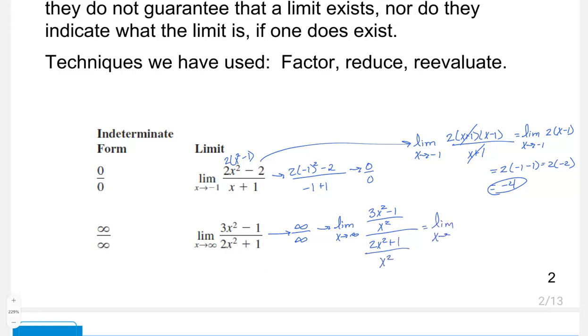And then we're going to reduce that. So we're going to have 3 minus 1 over x squared over 2 plus 1 over x squared. And we said as x gets larger and larger, both of those fractional pieces are going to 0. So this limit is heading to 3/2. So those were some tools that we talked about, but now we're going to add another one.